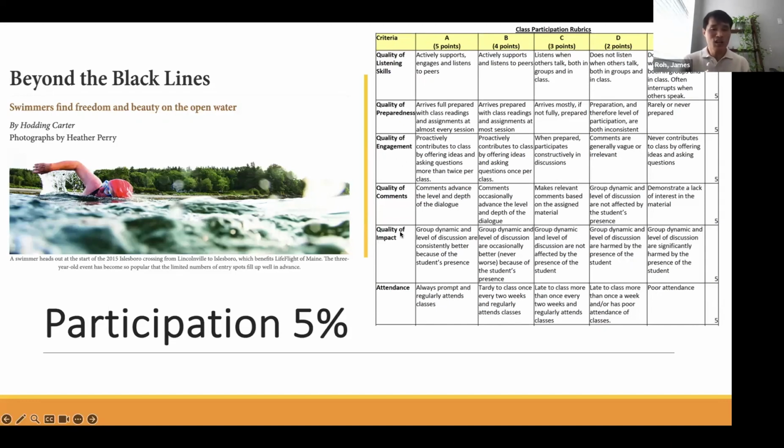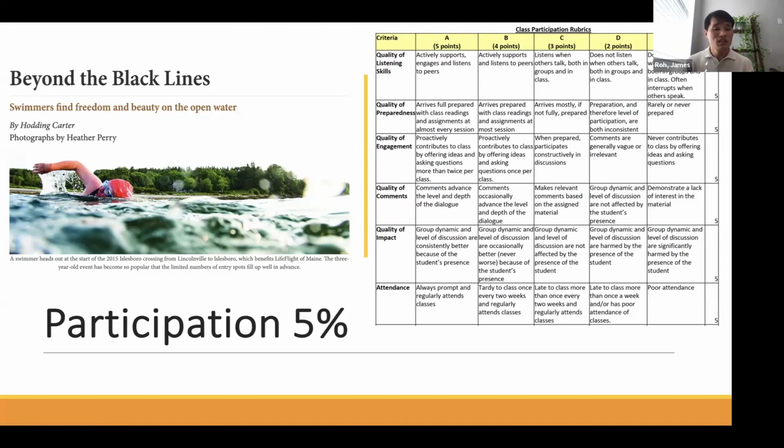It's not just making any comments, but impactful comments. Those things are included in participation. So I encourage you to look at the criteria that I gave you in the syllabus and participate.